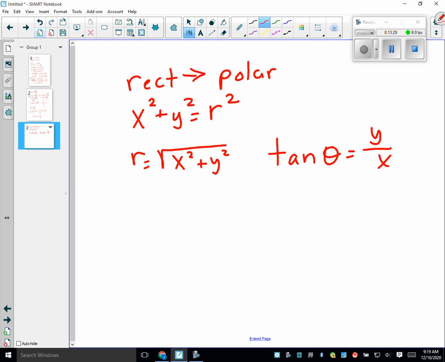Those are the two equations. Nothing new on those, is there? All right. Can we do one?